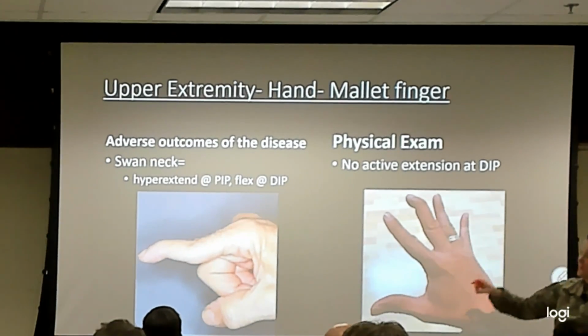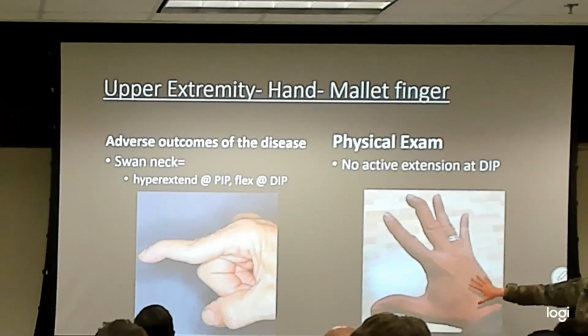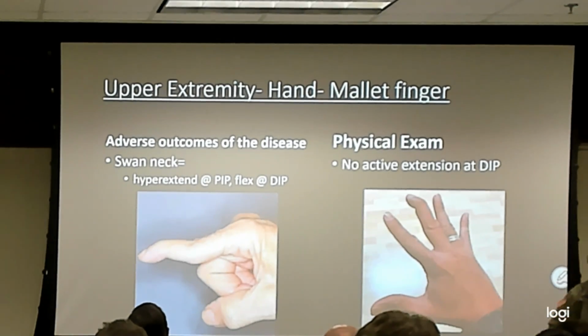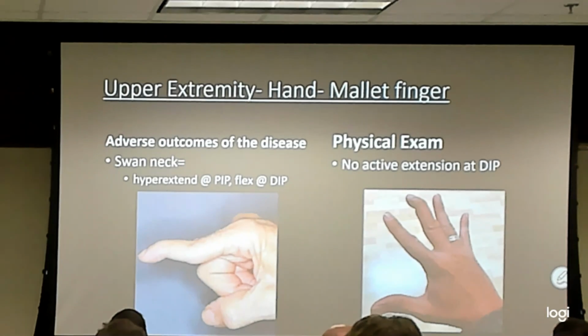So you take the mallet finger, which is here on the right, and then we have some weird compensation things going on, and they get hyperextension at that PIP joint. Generally speaking, they start looking like the picture on the right. Okay, that mallet. And they have no active extension when I isolate that distal phalanx.